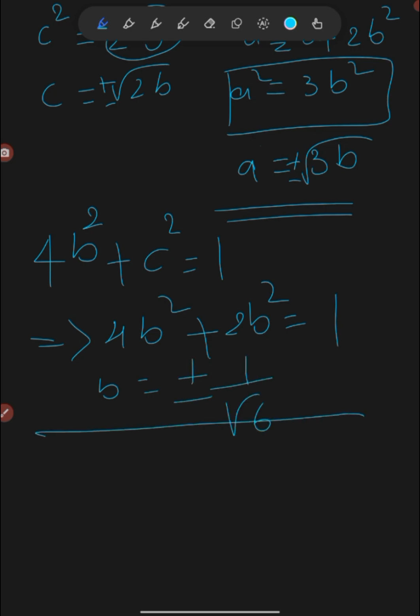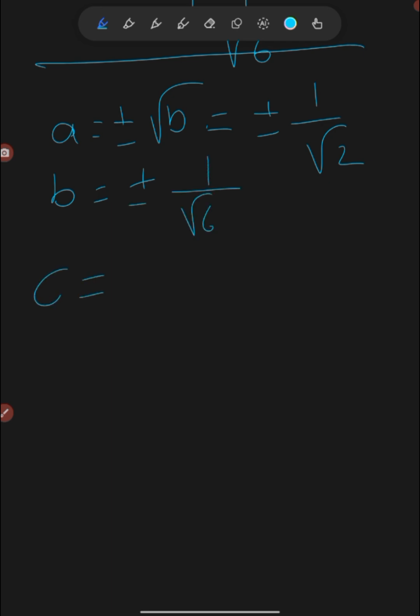At the end, you can write a equals plus or minus 1 by root 2, b equals plus or minus 1 by root 6, and c equals root 2 b, which equals 1 by root 3.